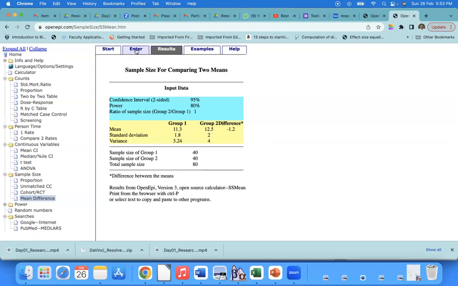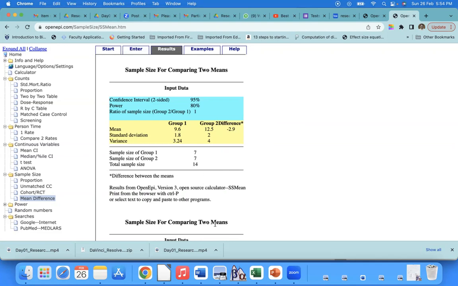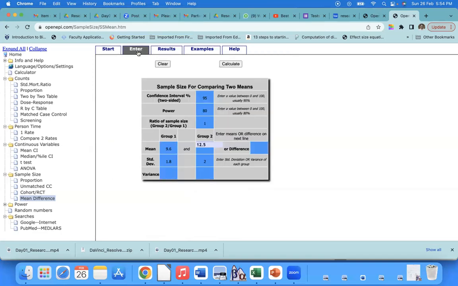Another thing: if the mean difference is very high, for example 9.6 instead of 11.3, compared with 12.5, the difference is so high, right? In that case, the sample size required will be less, because when the difference is more, a smaller sample size is enough to test it. Now instead of 9.6 and 12.5, I put 12.0 and 12.5.